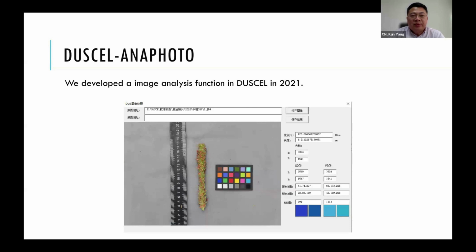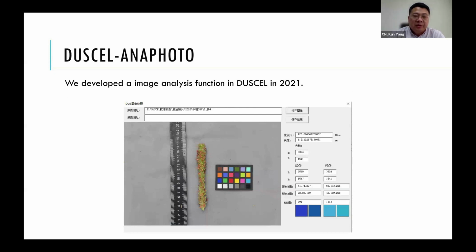We also have a very small software. We call it DUS. It's mainly used for data analysis, and inside we have a lot of functions to site the photos to check, and then we use the photo to do some simple measurement.